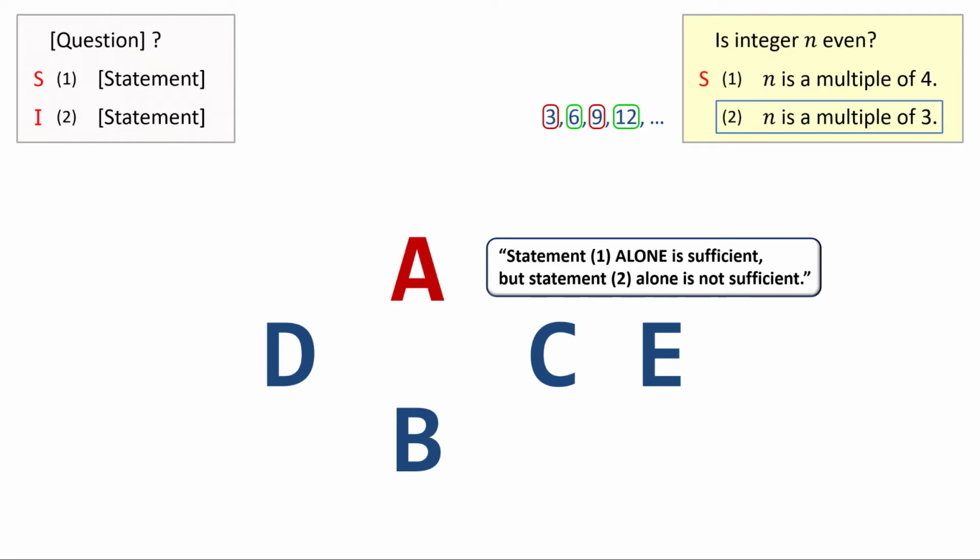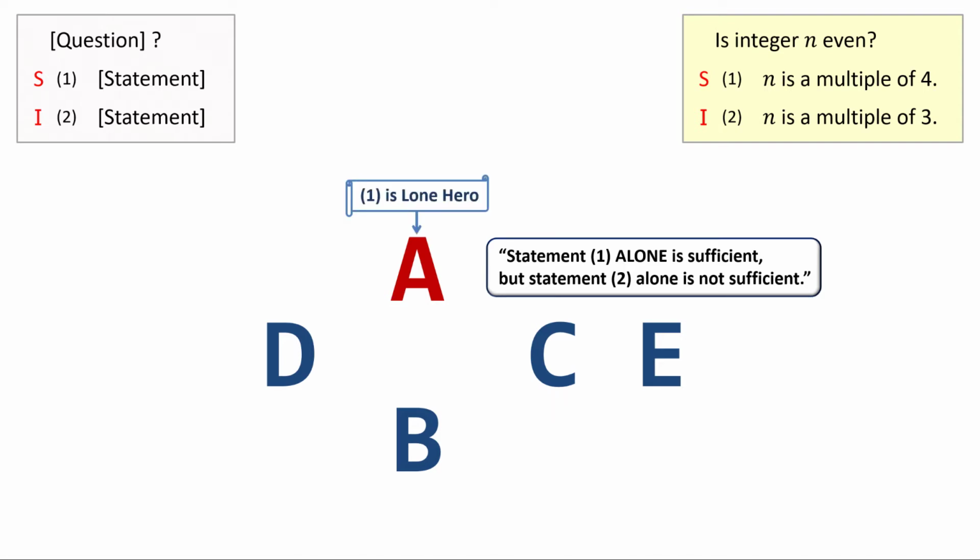Therefore, statement 2 fails to tell us whether n is even. It's saying, maybe yes, maybe no. This indecisiveness means that statement 2 is insufficient. Putting this in terms of our heroic analogy, A is the answer when statement 1 is the lone hero.